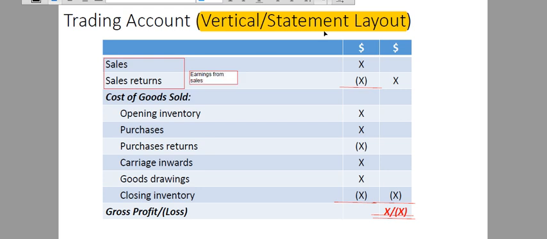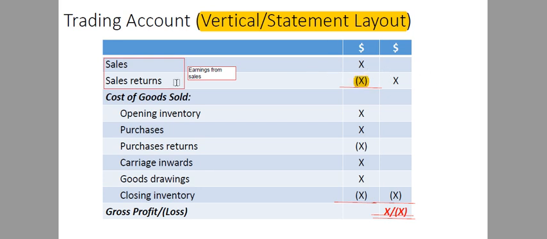And it's obvious sales returns are deducted. So you see in the first column, the sales returns are shown in the bracket. So bracket means minus here, so we can just make a notation here that less, so you're gonna minus, so we'll just write less. So we subtract here, so less the sales returns.